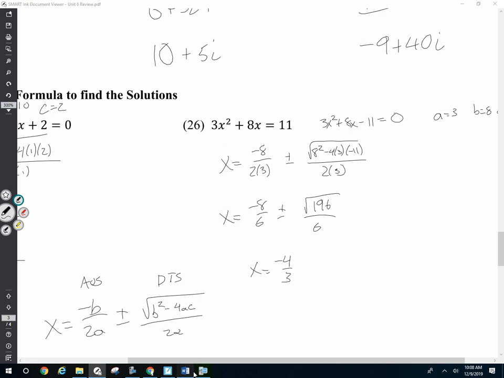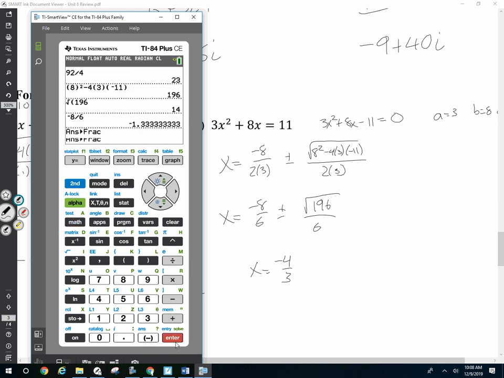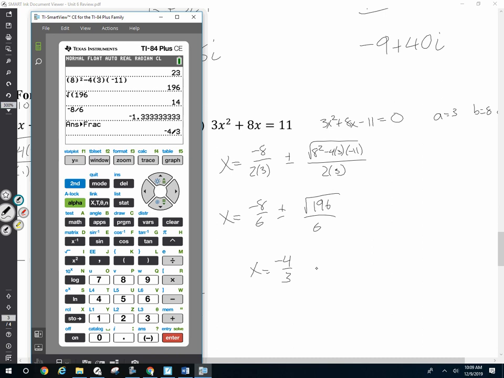If you're not sure how to simplify that, you can divide the top and bottom by 2, or just divide, math enter, simplified fraction, negative 4/3, plus or minus, this is 14 over 6. 14 over 6 simplifies to be 7/3.